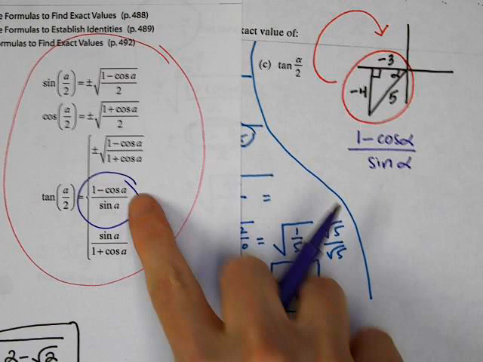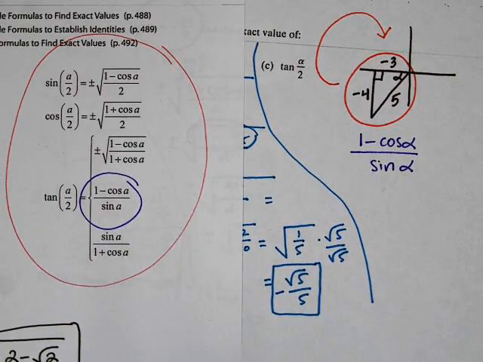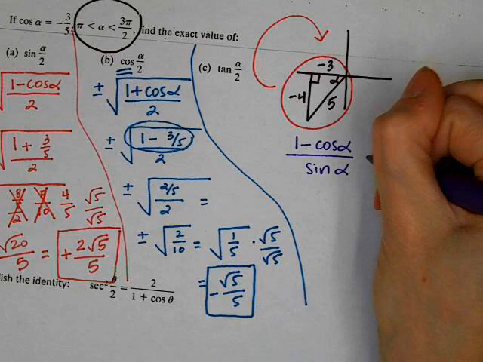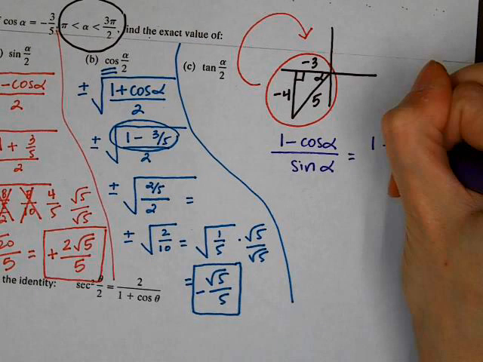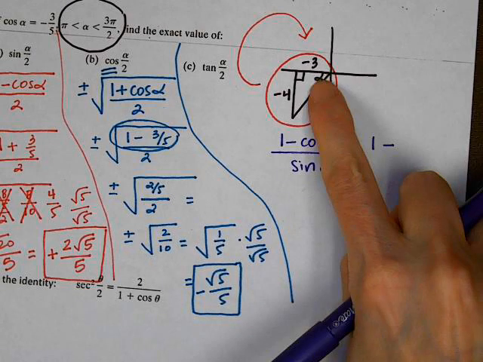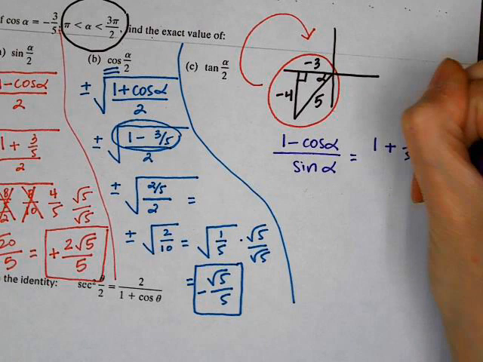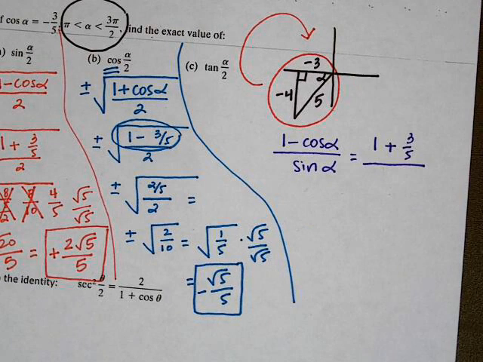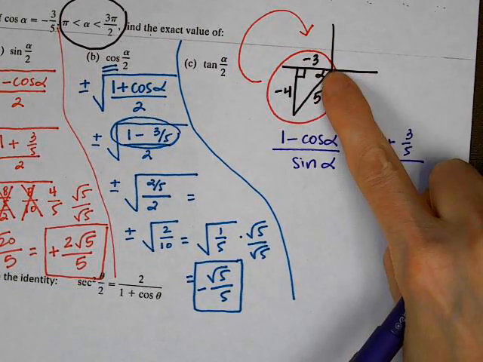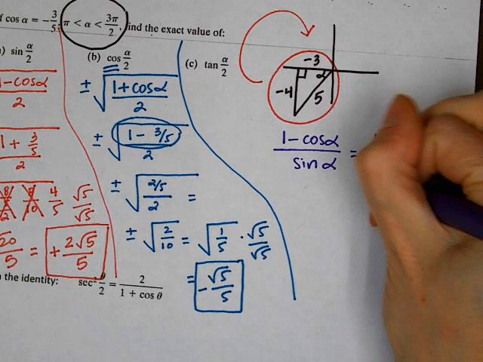And if you guys want to try a different one and see if we get the same answer, go for it. Okay, so we got 1 minus cosine of alpha, which is negative 3/5, but minus the negative is going to be positive 3/5. And then all over sine of alpha, which is negative 4/5.